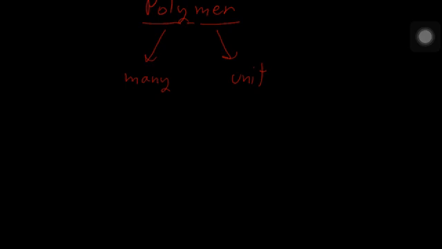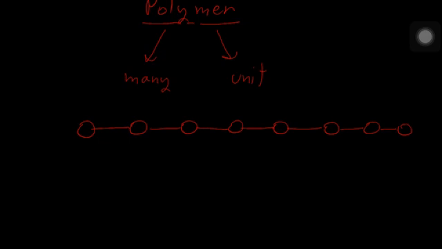In basic terms, a polymer is a long chain molecule that is composed of a large number of repeating units of identical structure. For easier understanding, if you have many small molecules that have the same structure and are linked together to form a large molecule, it will be a polymer.